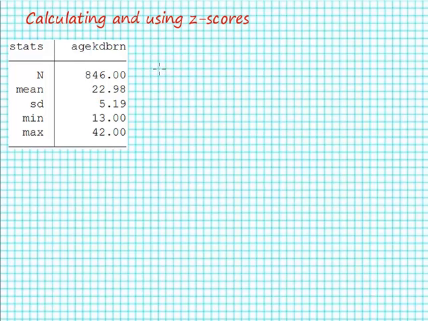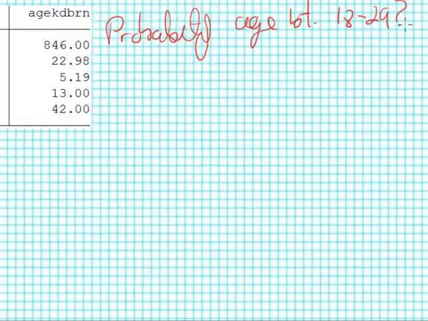In this example, we're going to ask the question, what's the probability that a woman has an age between 18 and 29 years old. Again, drawing this out, always helpful.